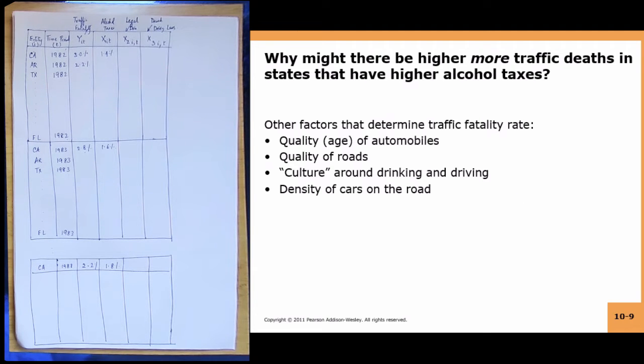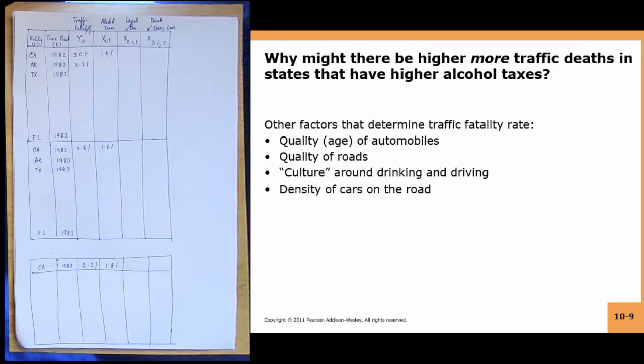So why might there be higher or more traffic deaths in states that have higher alcohol taxes? So there may be other factors that determine traffic fatality rate. One may be the quality of automobiles that people are driving in that particular state.